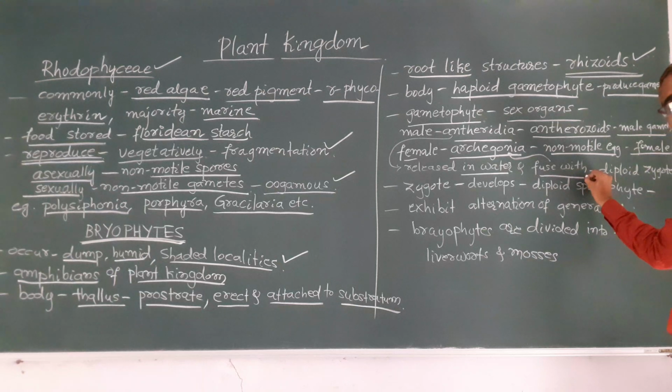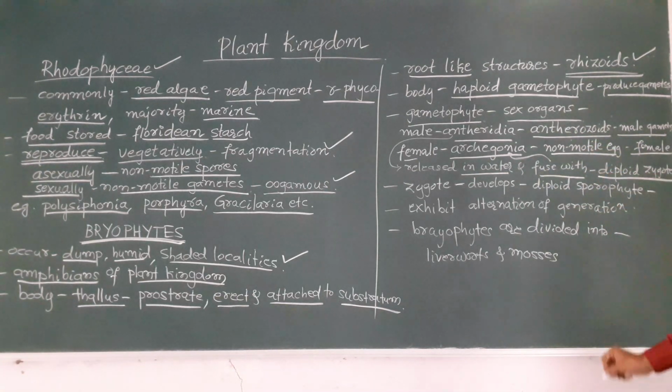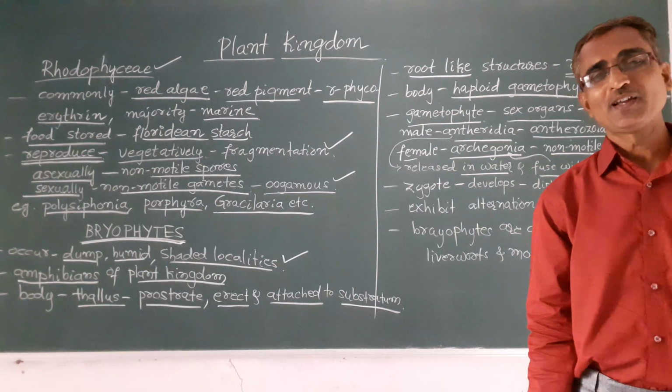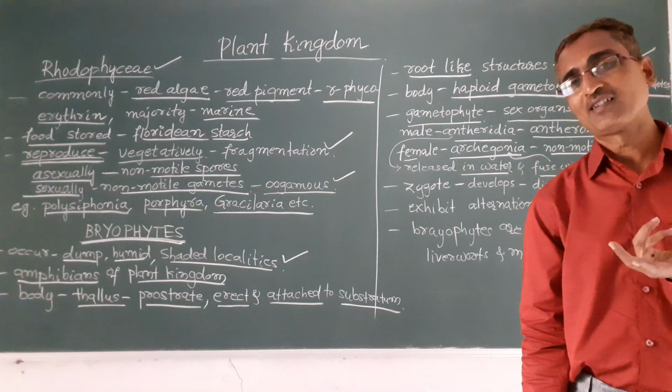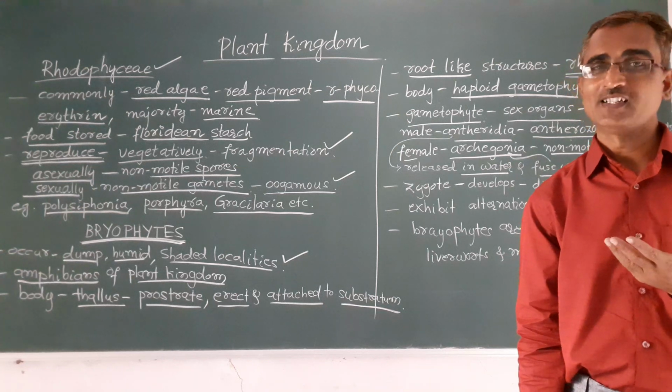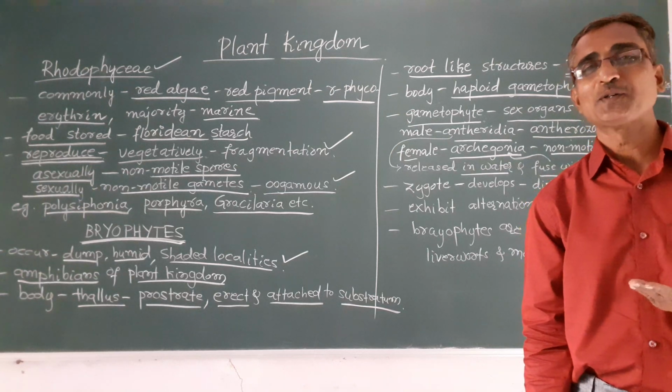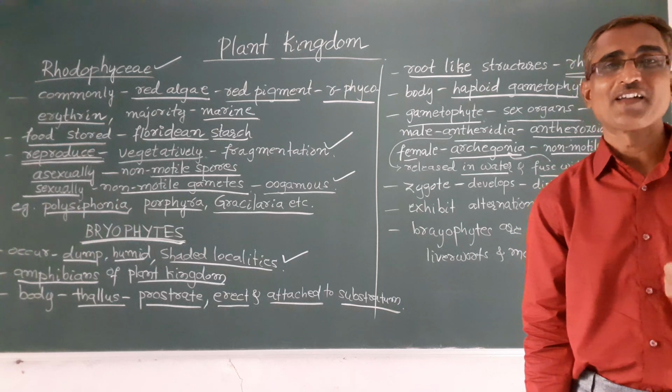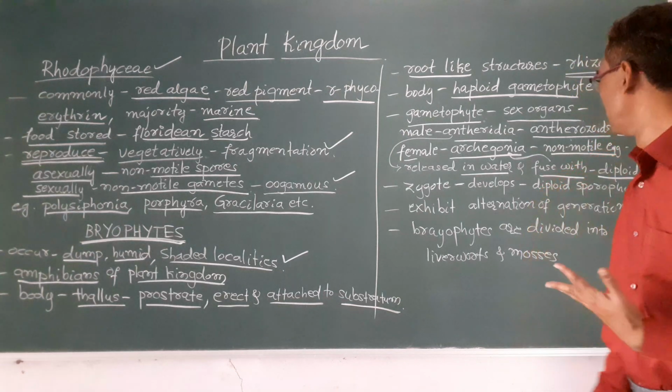The fusion of male and female gametes results in the formation of a diploid zygote, which we have already discussed. This zygote is diploid, having 2n number of chromosomes.